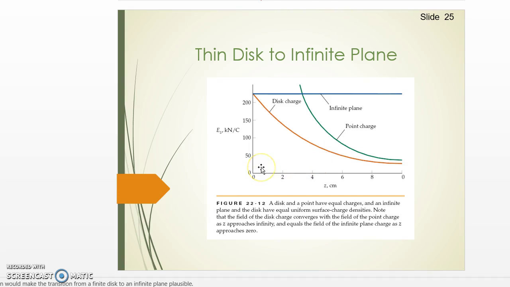And there's a nice diagram summarizing the situation. The infinite plane is just when you make the rings bigger and bigger and bigger, and this will build up this curved part down here and boost it up to a horizontal line. A simulation would be ideal here to show this effect.